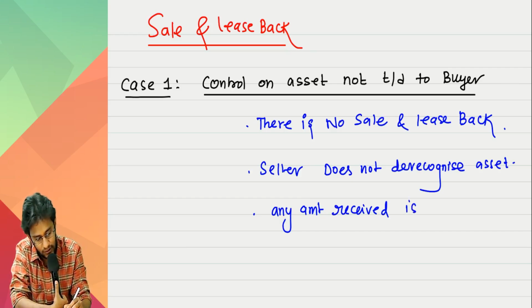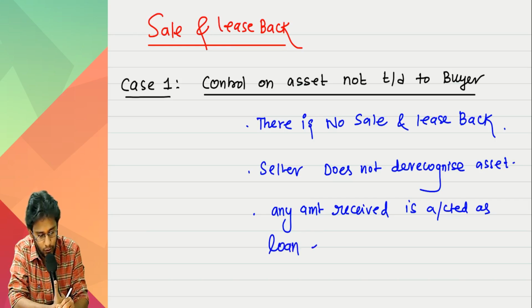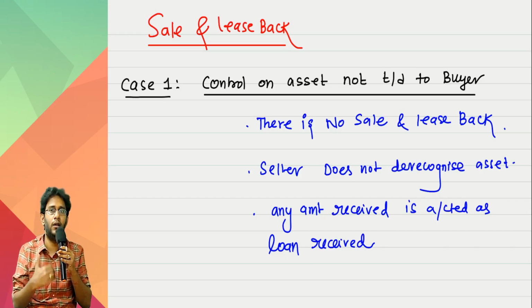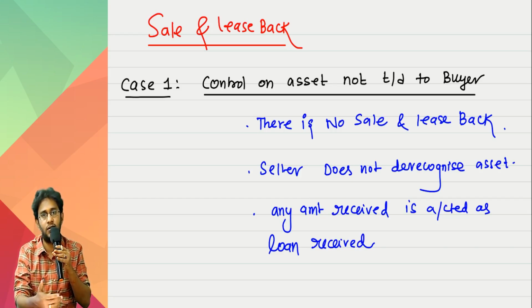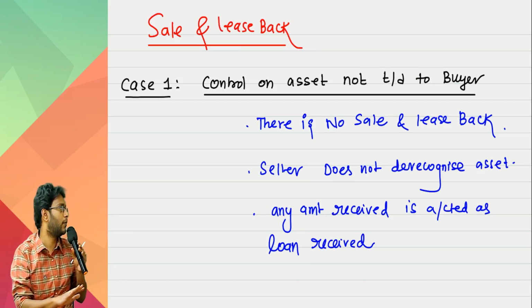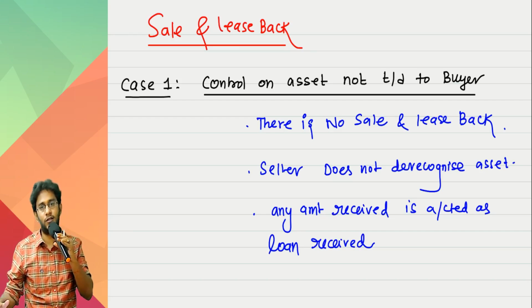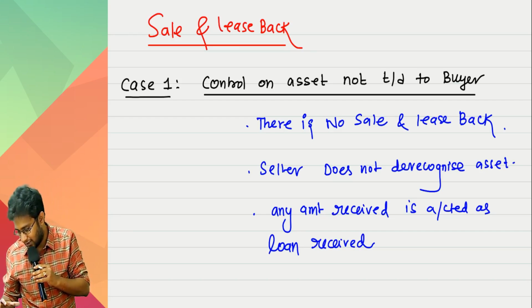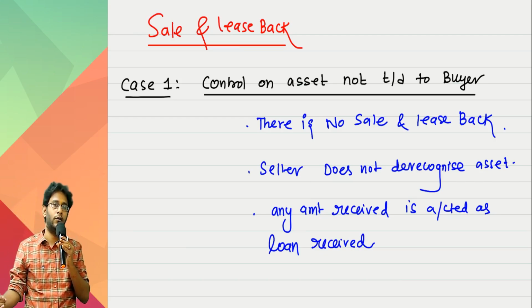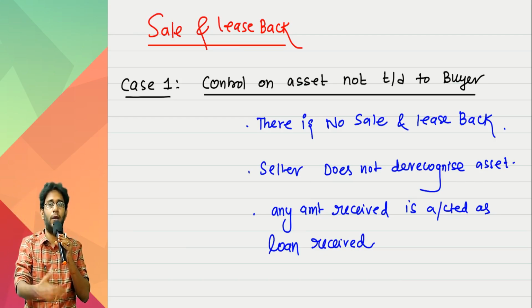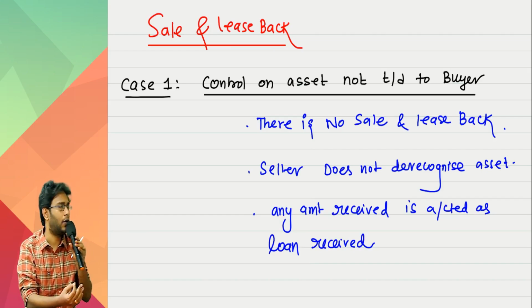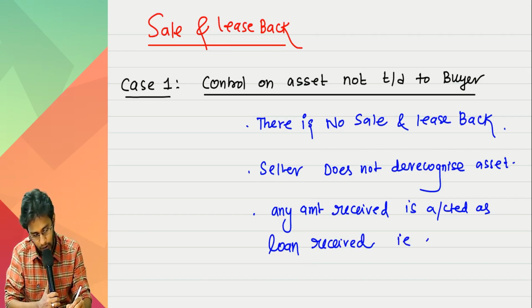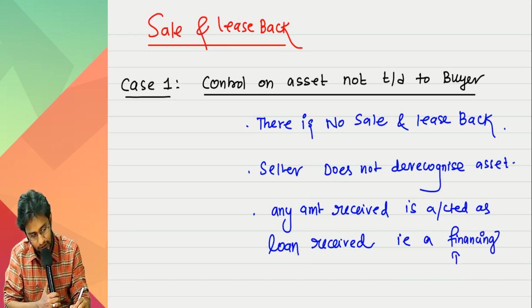Any amount received is accounted as a loan received. You received a loan, and every month you go on paying lease rents, that is repayment of the loan. Normal loan transaction when sale is not there. When asset sale is not there, you simply received money now. In future you are going to pay the next 5 years' money, repaying that money along with interest. Proper loan transaction. That is a financing transaction.